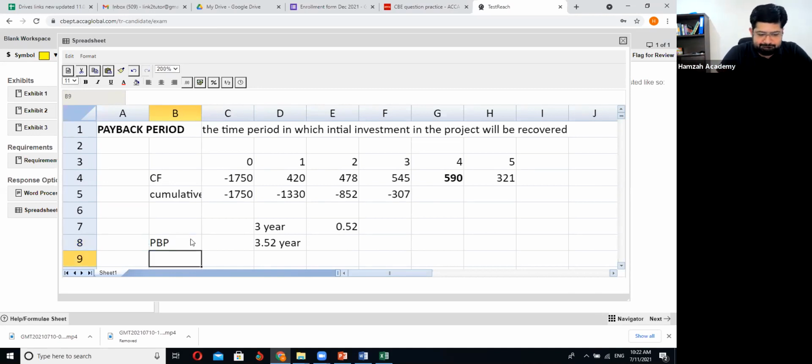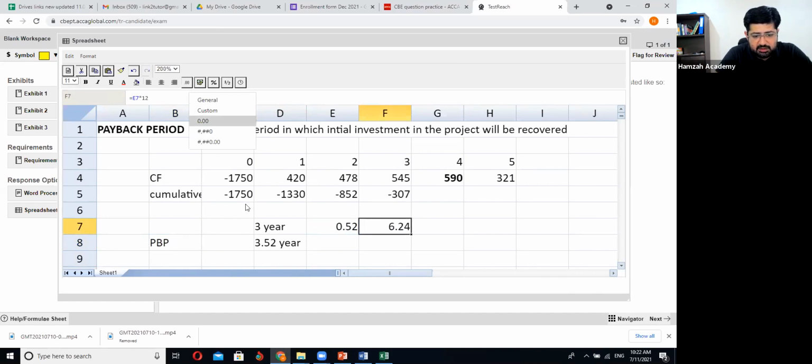Now, we can convert into the months as well. For example, in months, multiply by 12, as in 1 year there are 12 months. And you see here, 6 months. So 3 years and approximately 6 months.